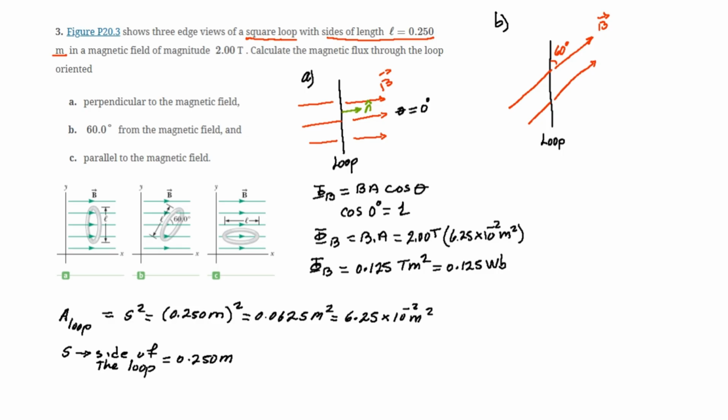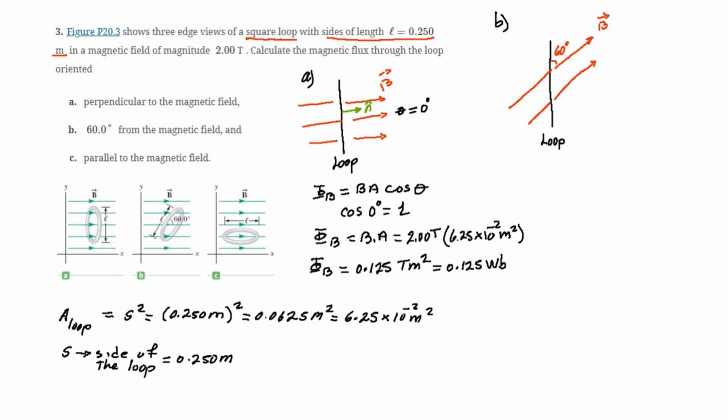Now, remember that the angle theta is not between the loop and the magnetic field. The angle theta is the angle between the normal to the area of the loop and the magnetic field.